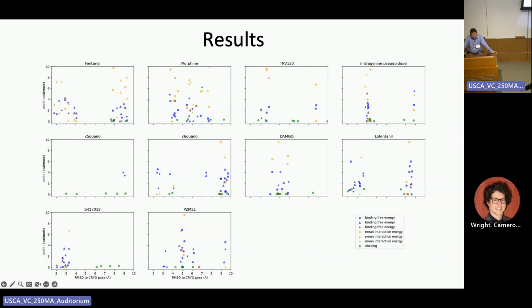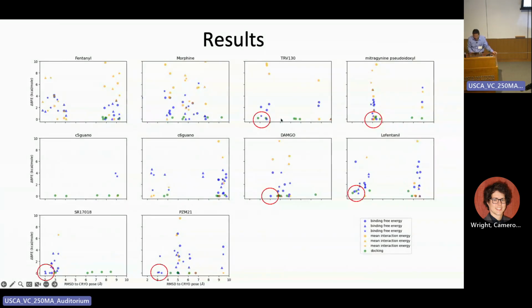This is AutoDock Vina, high exhaustiveness. But then if we do this filtering, in many situations we throw out those poses that have low energy according to docking, but they just don't exist anymore in this fully coupled state in the alchemical replica exchange.